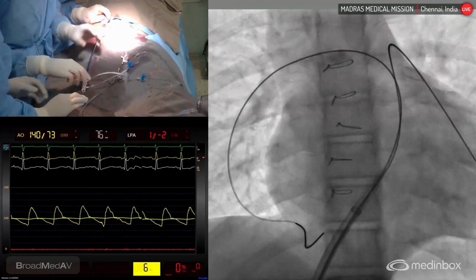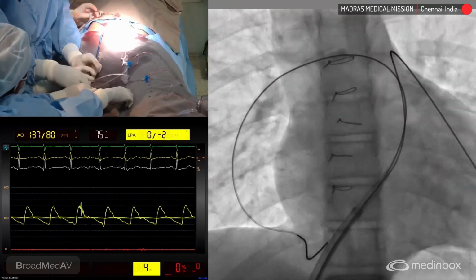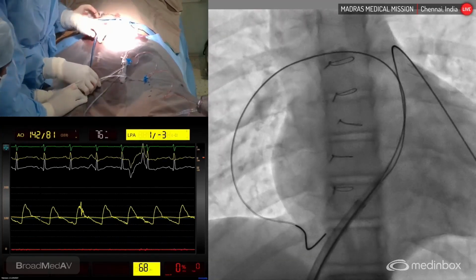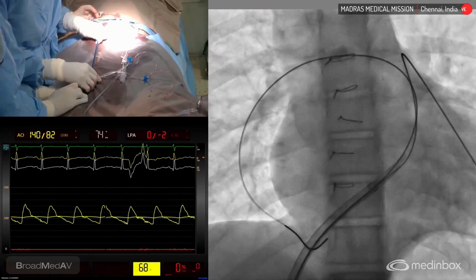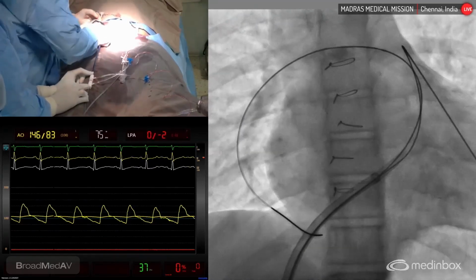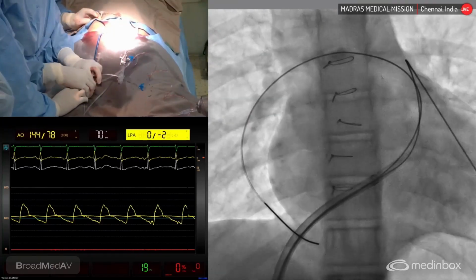The two should come together. Hold it. Keep the two together as I'm advancing. So we are progressively advancing the two.